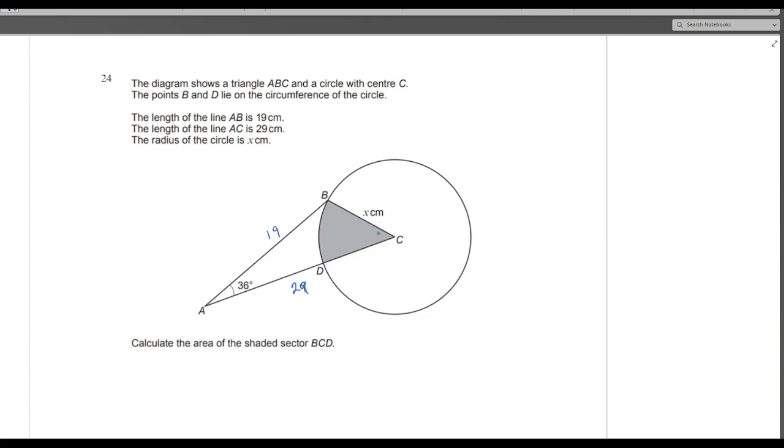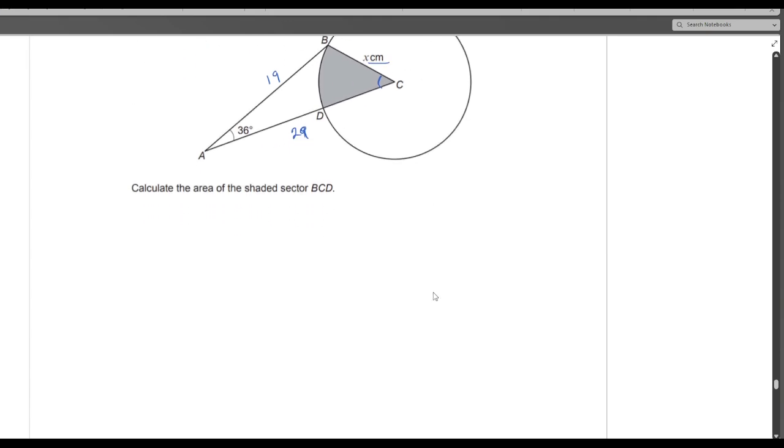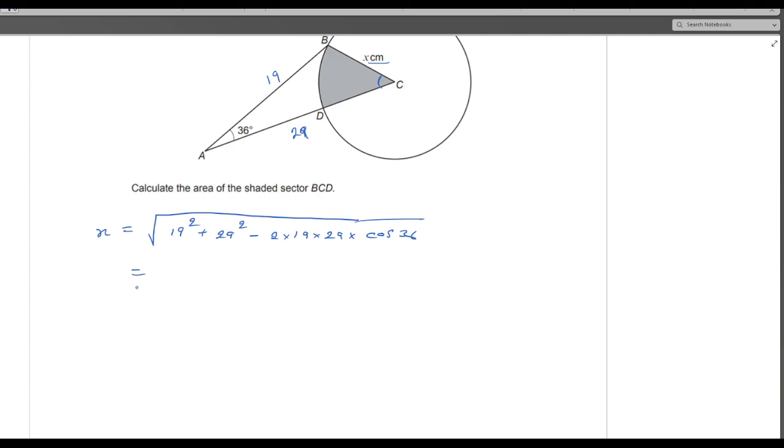Now to find out this shaded part, I need to know what is x, and I need to know what this angle is. So for that, first I will use the cosine rule, and using cosine rule I have x is equals to square root of 19 square plus 29 square minus 2 times 19 times 29 times cos of 36 degree.